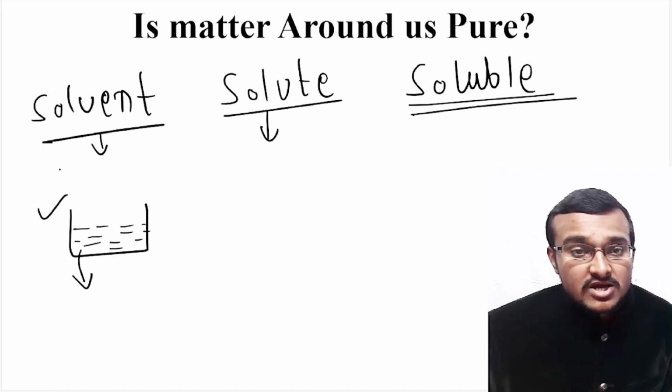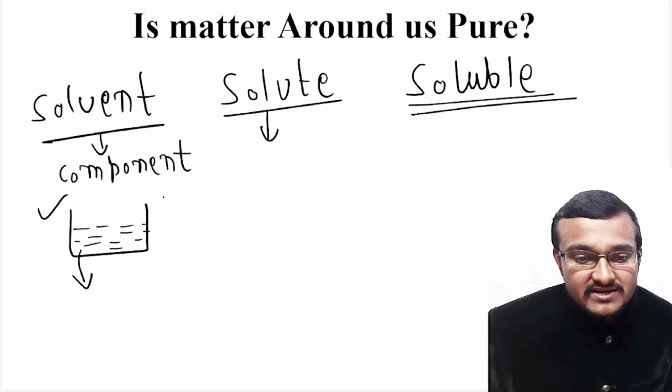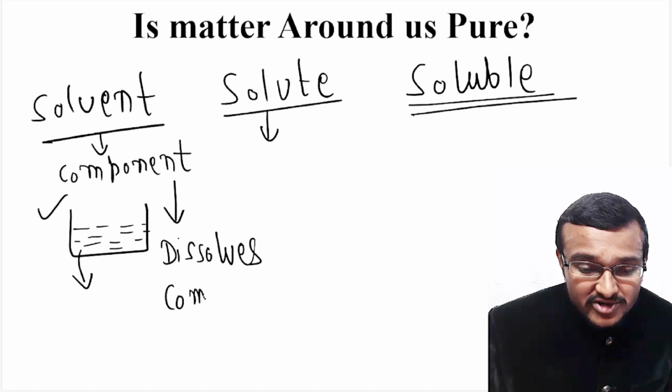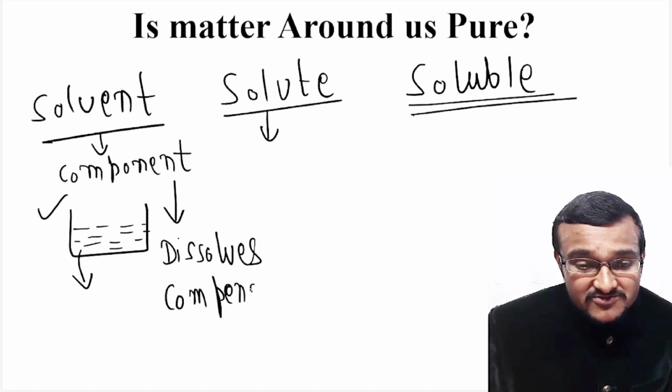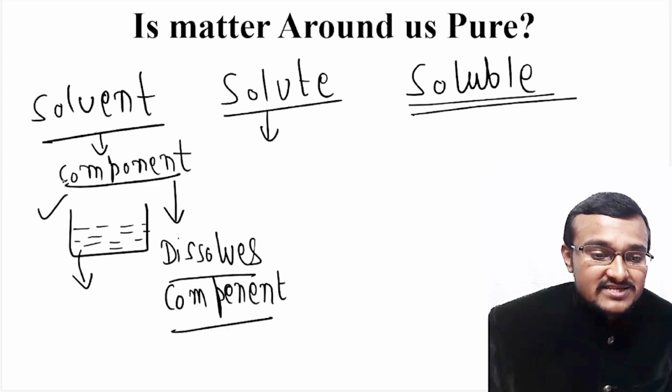as solute. So solvent means a component which dissolves another component in it. One component dissolves another component. The component which gets dissolved is known as solute, but the component which is responsible for dissolving it will be known as solvent.